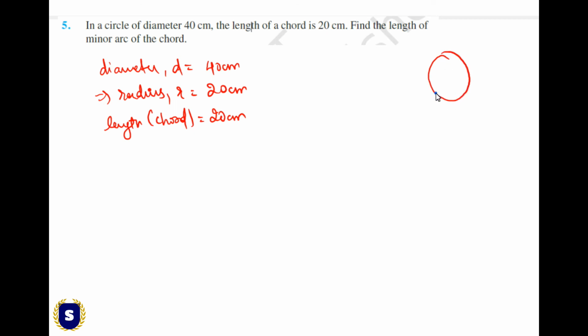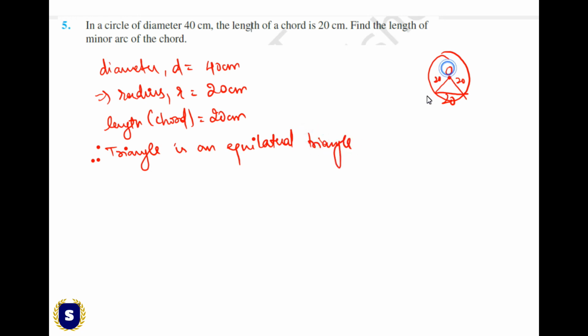Let us make a rough figure out here. This is a circle, this is a chord, and these two are the radius. Each side is of 20 centimeter, right? So the triangle will be an equilateral triangle. Therefore, the triangle made out here is an equilateral triangle.